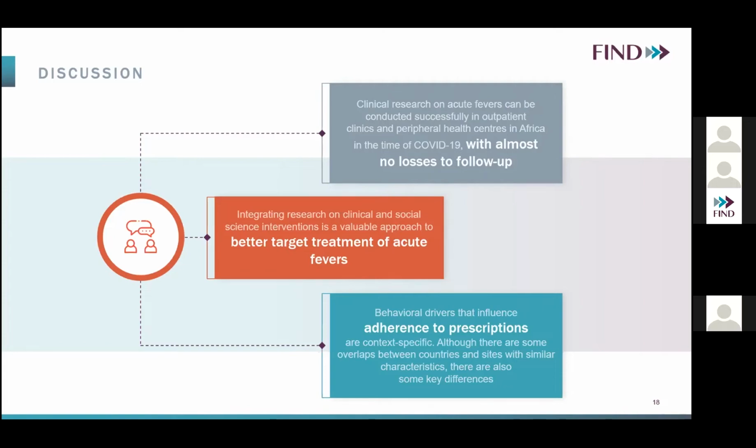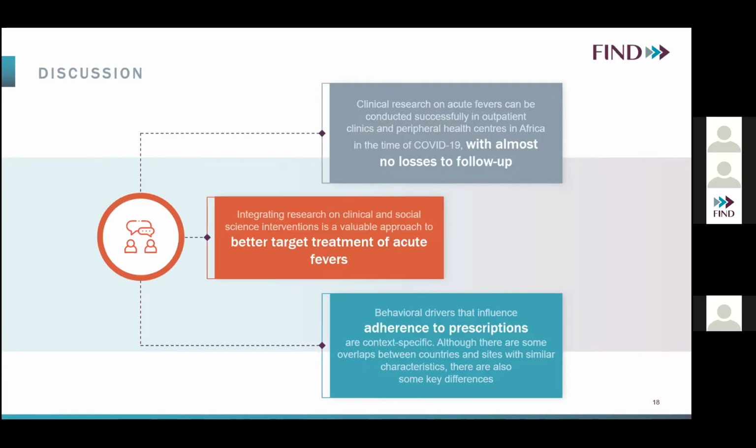Then it is very important to integrate social science with clinical research. This is something we've attempted to do in this study by incorporating biomedical interventions like point of care tests and social science interventions like the training and communication part. This is very important because we've seen that adherence to antibiotic prescription, or any interventions, is driven by many factors which are context specific.